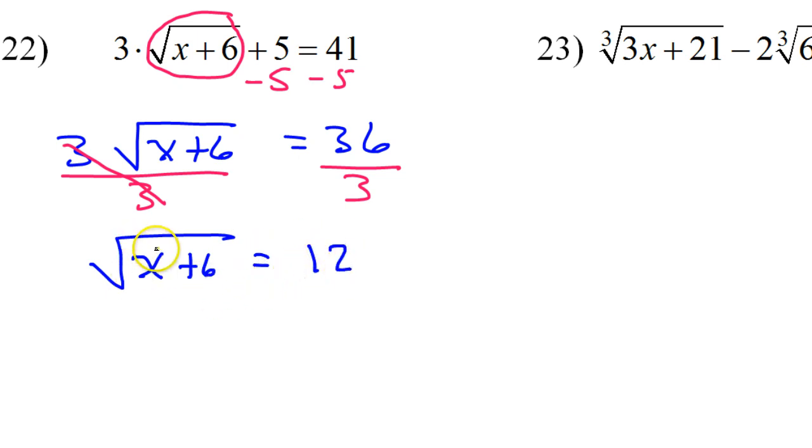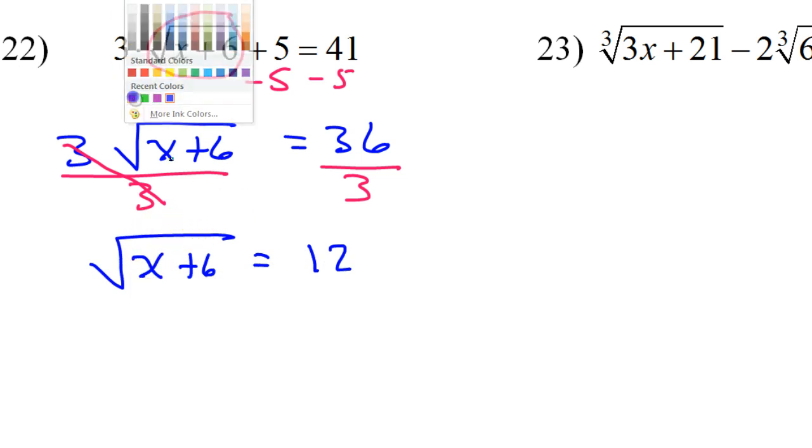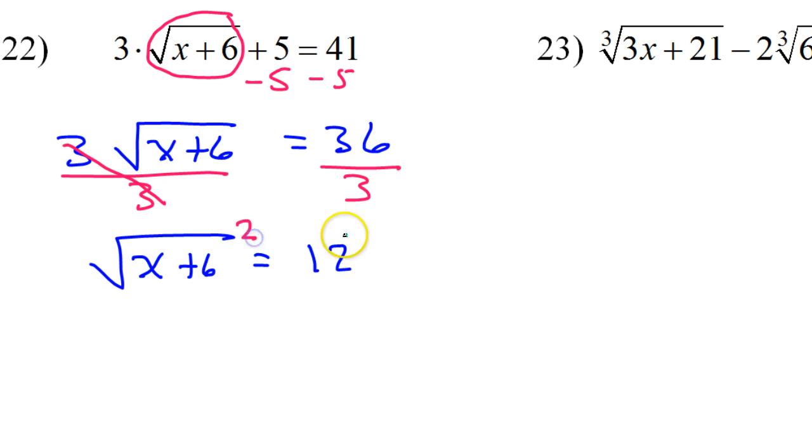Now, to get rid of this radical, I need to square both sides of the equation. So I'm going to square this and I'm going to square that. Now the exponent and the radical cancel each other out. So on the left side, I'm just going to have x plus 6 equals 144. 12 times 12.